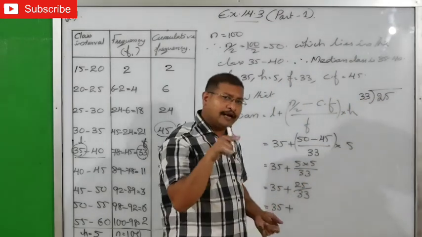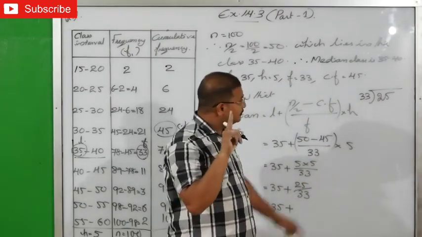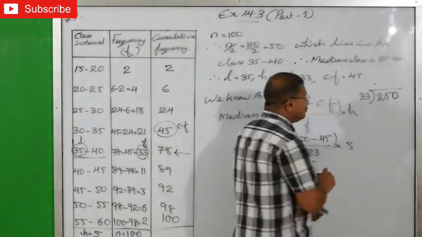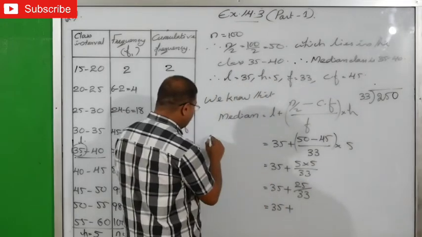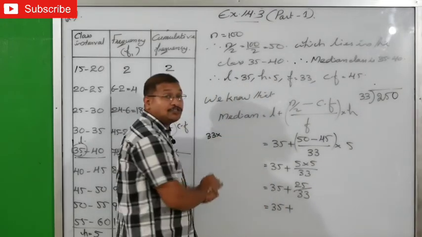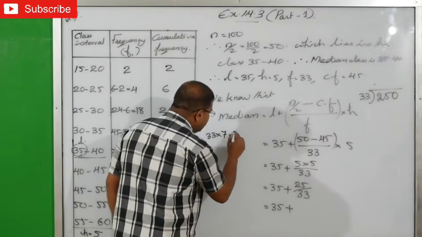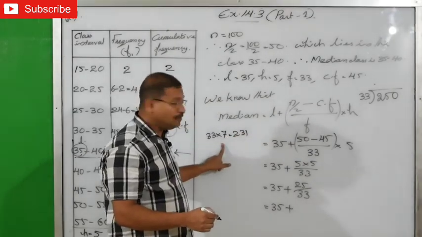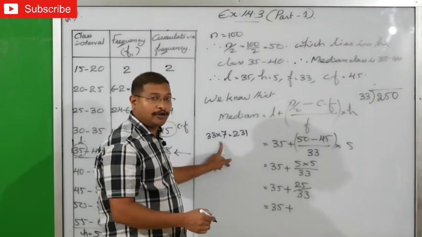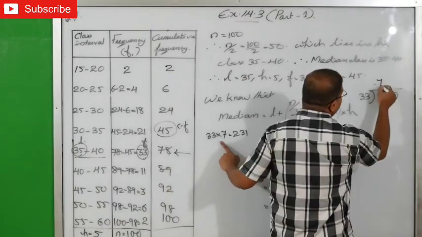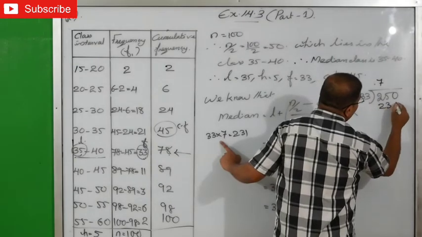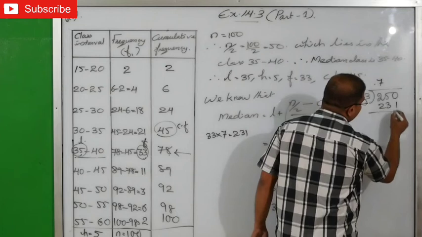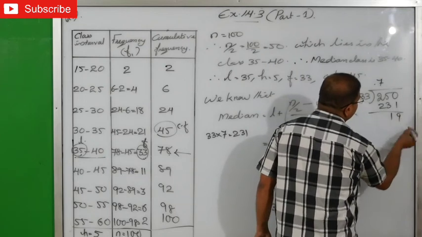We can't do it directly, so we put 1 point and 0. 33 into how much? 7 threes are 231. We subtract, 9, here will be 4, 4 minus 3, 1.